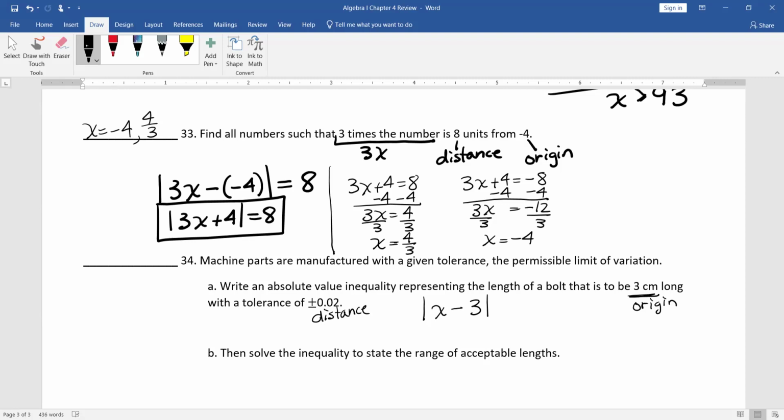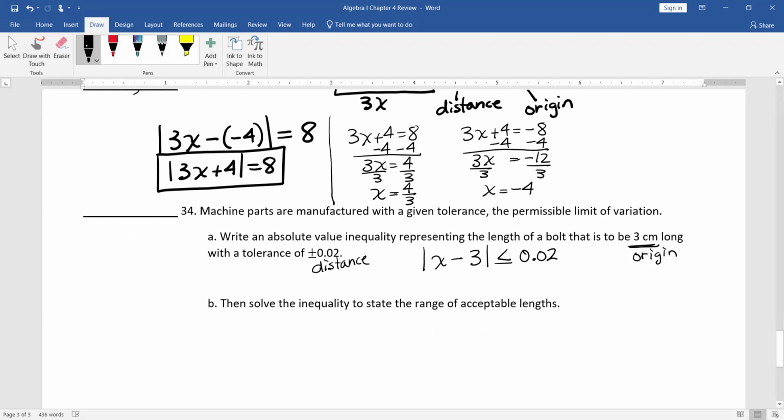So this is a conjunction. So that difference between the actual size and the standard, 3 centimeters, must be less than or equal to 0.02, I'm assuming centimeters, but we don't have it written down, so we're just going to leave it that. Here it is, 0.02 centimeters.